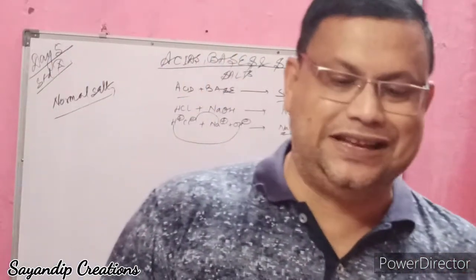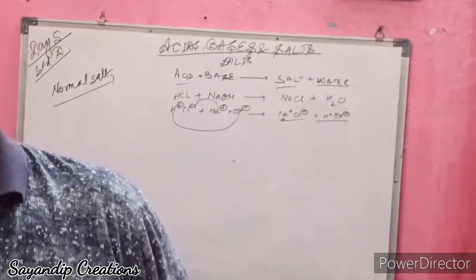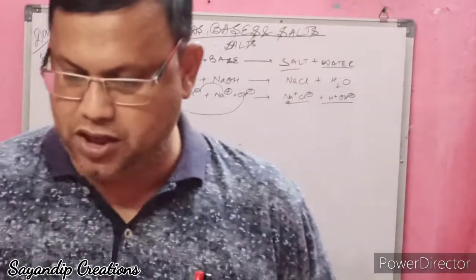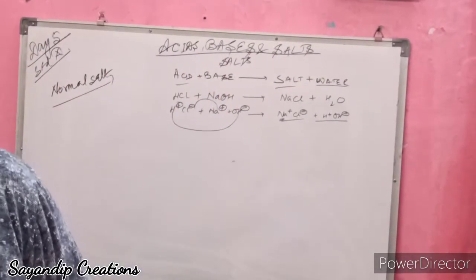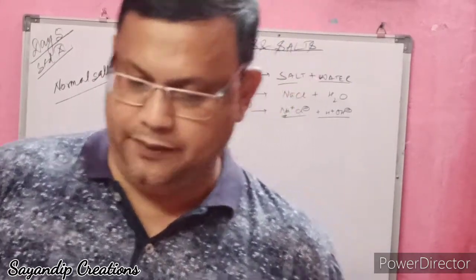Coming to the acidic salt. Acidic salts are those salts which are formed by the partial replacement of the replaceable hydrogen of an acid by a metallic or electropositive ion.